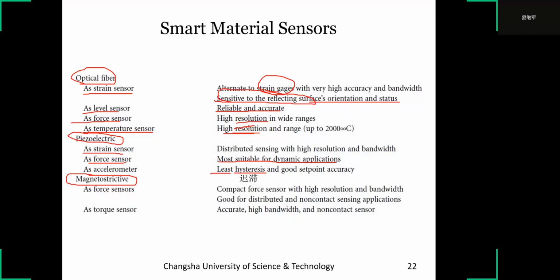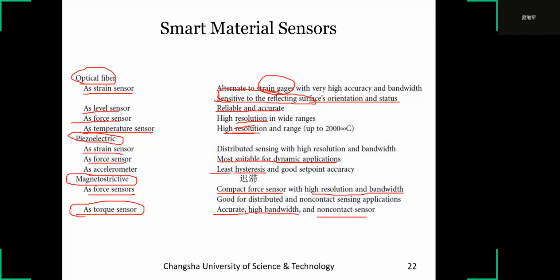Magnetostrictive as a force sensor: a compact force sensor with high resolution and bandwidth, good for distributed and non-contact sensing applications. As a torque sensor: accurate, high bandwidth and non-contact.